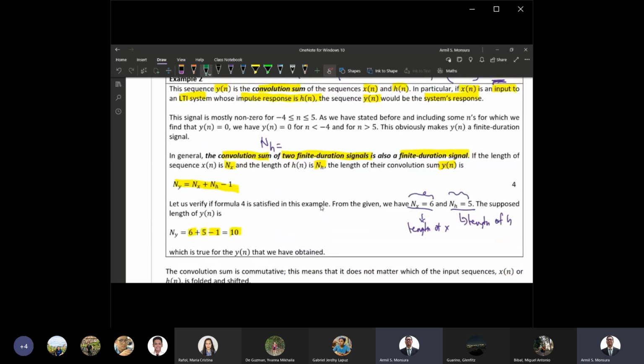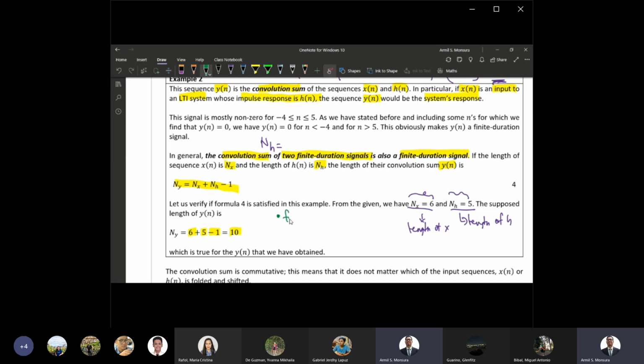Okay? So that is how we implement the convolution sum algorithm. So again, kung titingnan niyo mabuti yung steps, consistent naman siya with equation 3. The algorithm is actually very consistent with equation 3, which is why kailangan natin tandaan talaga yung apat na steps in the implementation of the convolution sum.